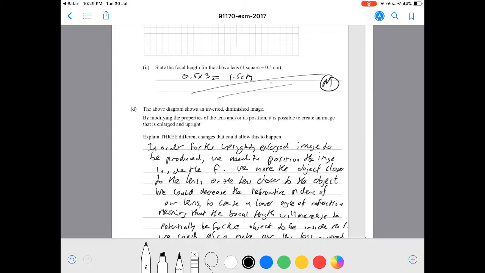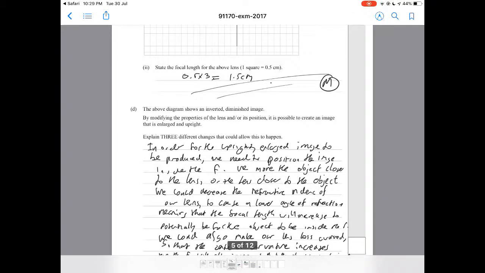Yeah, I must say this is a pretty tough question in my opinion. There's a lot of things there that are pretty high level, especially looking at Snell's law with increasing or decreasing the refractive index. That was especially tough.